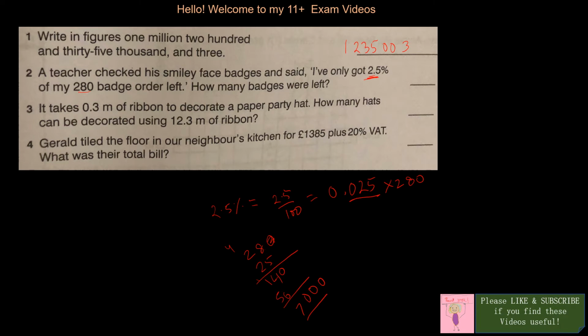So 7,000, we have 3 places of decimal, so we strike off the 3 zeros and we are left with 7.